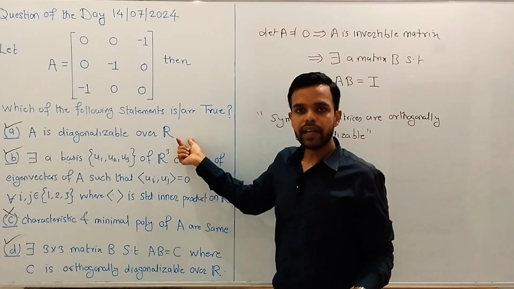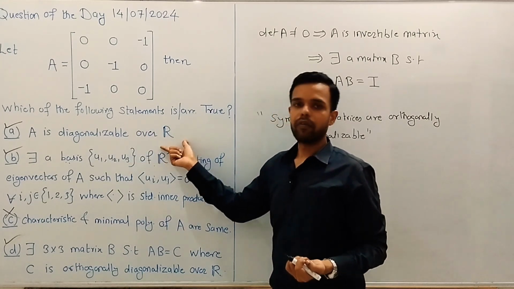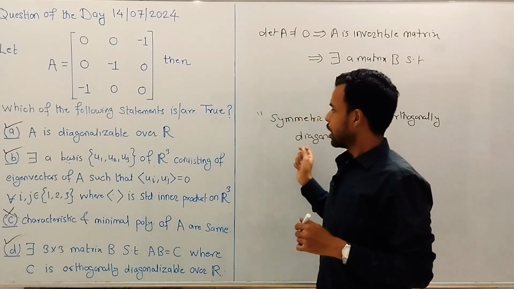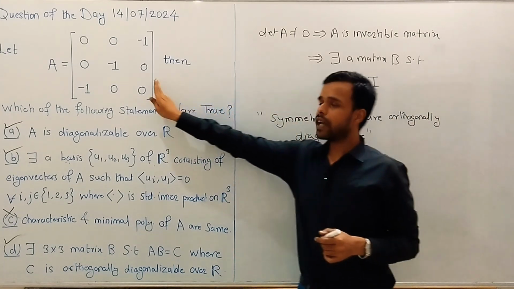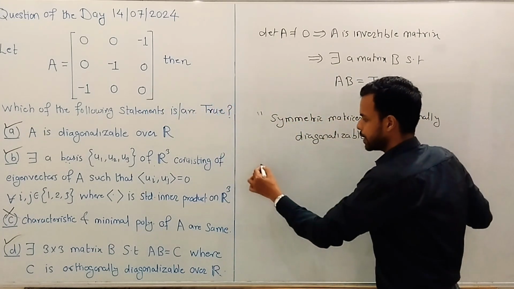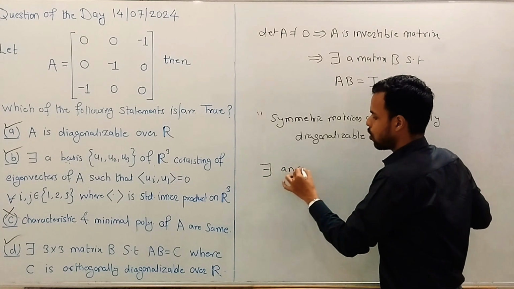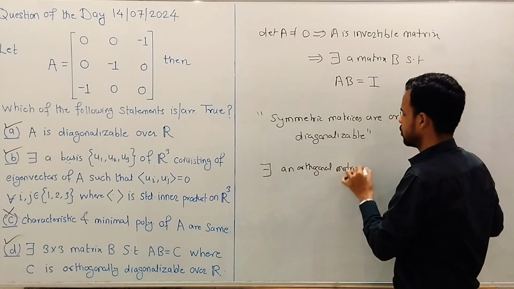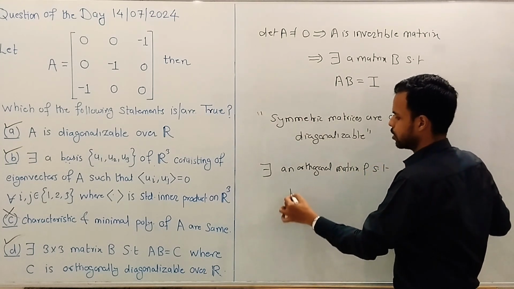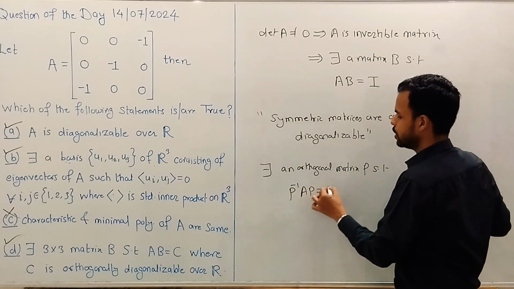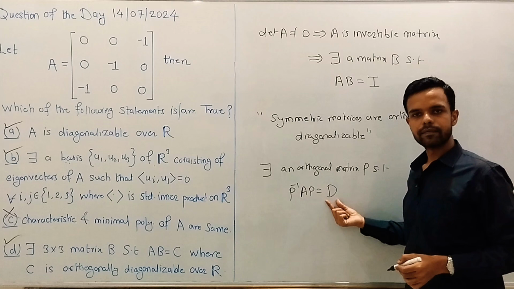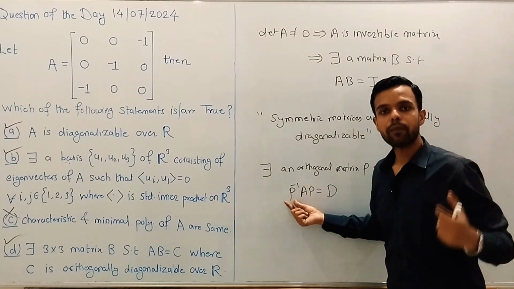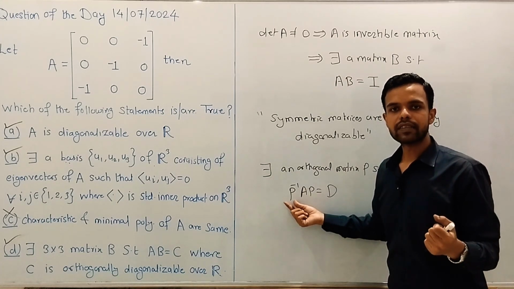As A is orthogonally diagonalizable over R, A is diagonalizable over R. So the statement in A is a true statement. Moreover, there exists an orthogonal matrix P such that P inverse AP equals a diagonal matrix D. As P is an orthogonal matrix, the column vectors of P are orthogonal vectors.